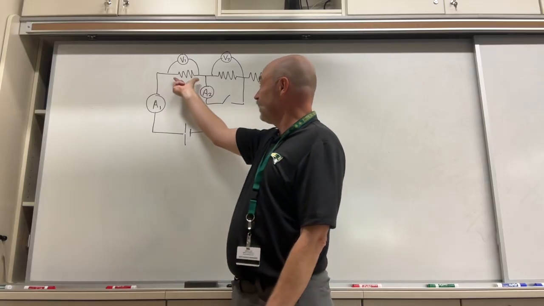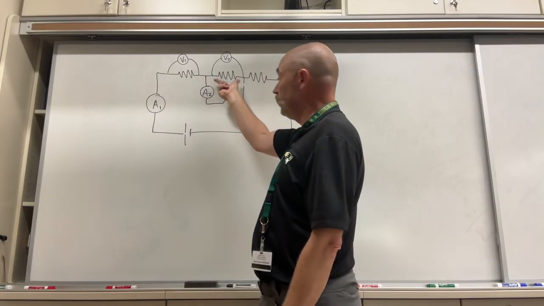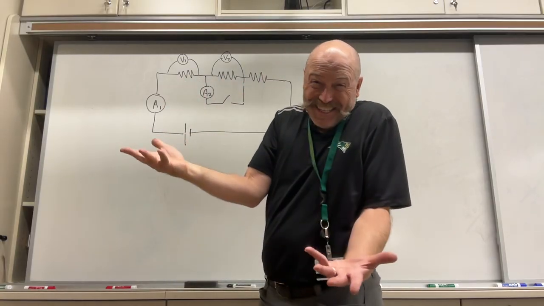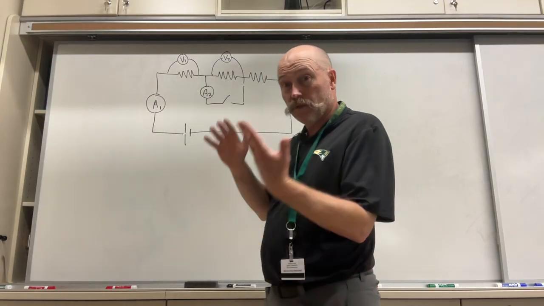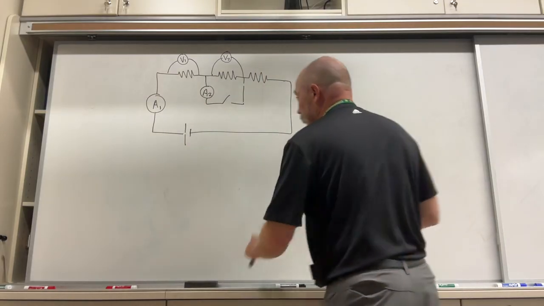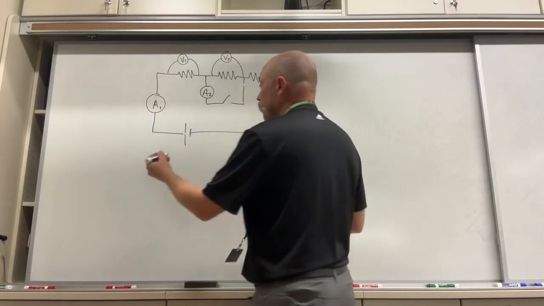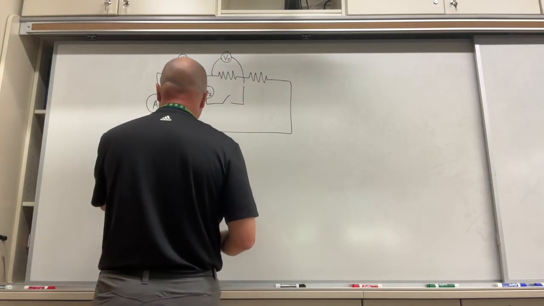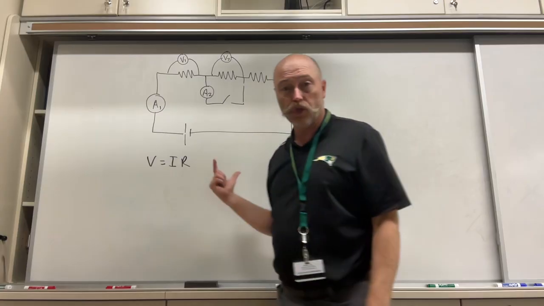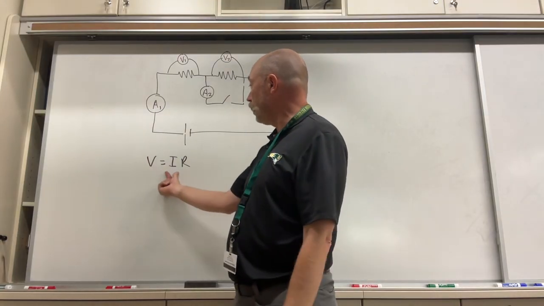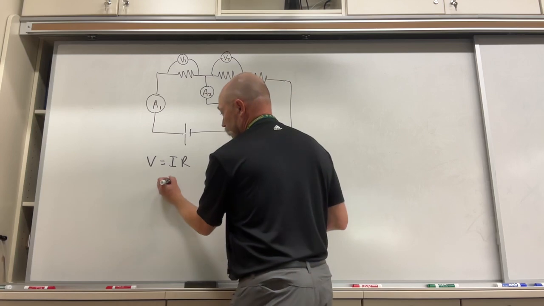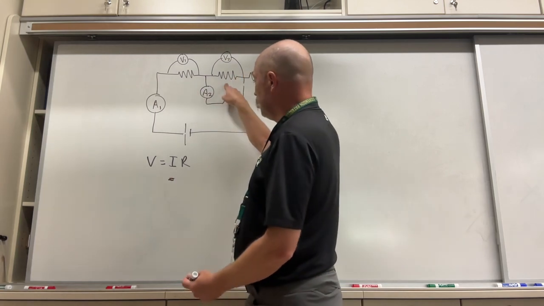And then this voltage and this voltage, maybe they're the same, maybe not. If they're the same resistors, they would be the same. Let's make sure we understand why. We know we have our V equals IR equation there. The current is the same for this and this.